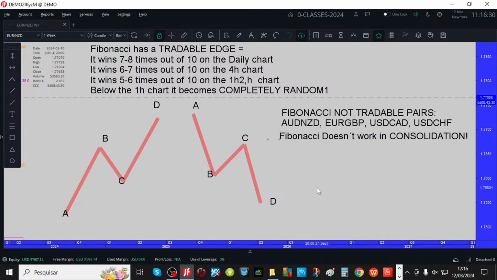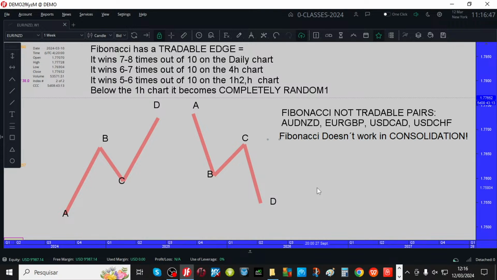Boss, what if I'm on the 15-minute chart? I don't care. Don't use Fibonacci in consolidation. Alright, everybody?